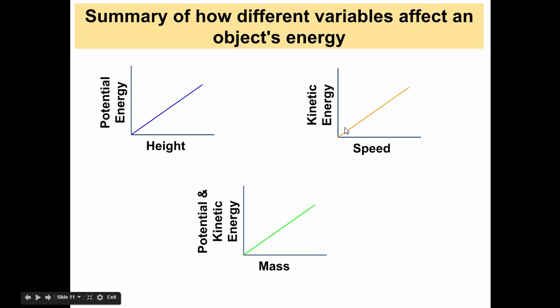And as speed decreases, kinetic energy decreases. And then for both potential and kinetic energy, as the mass increases, the potential energy and the kinetic energy both increase. And as mass decreases, the potential energy and the kinetic energy decrease.